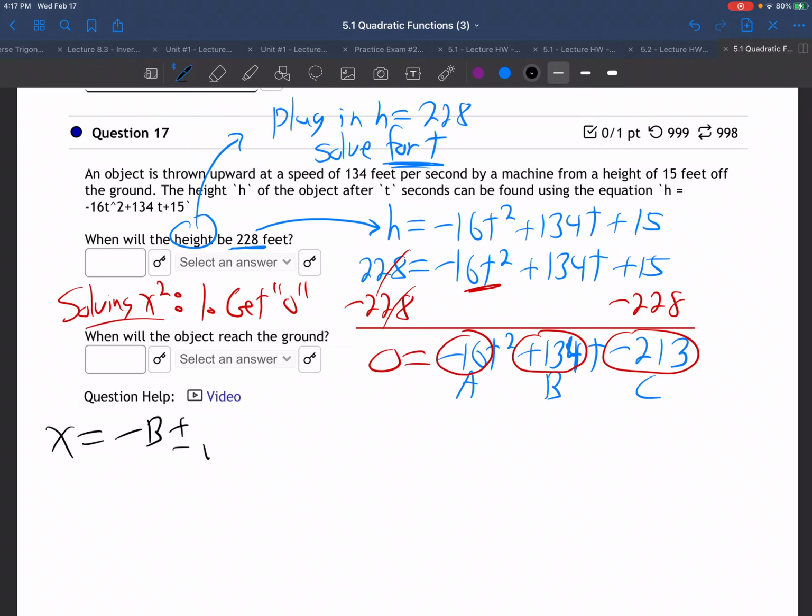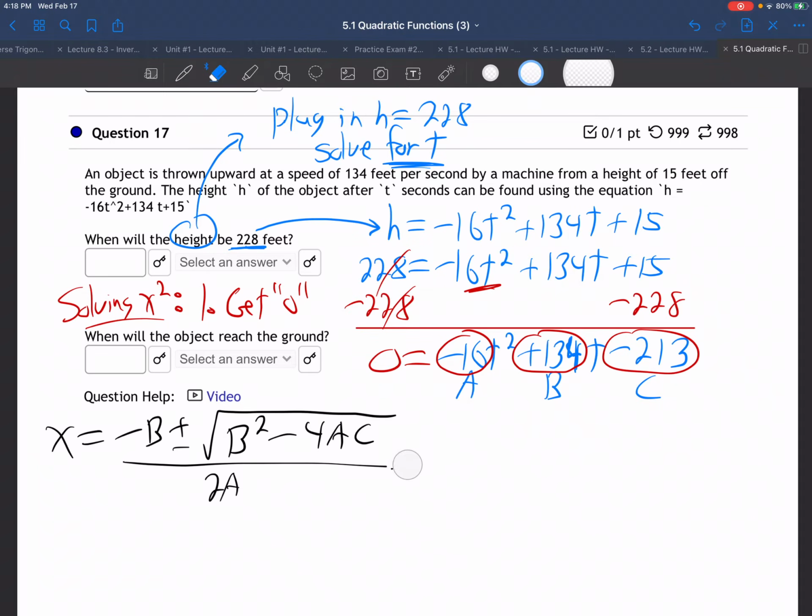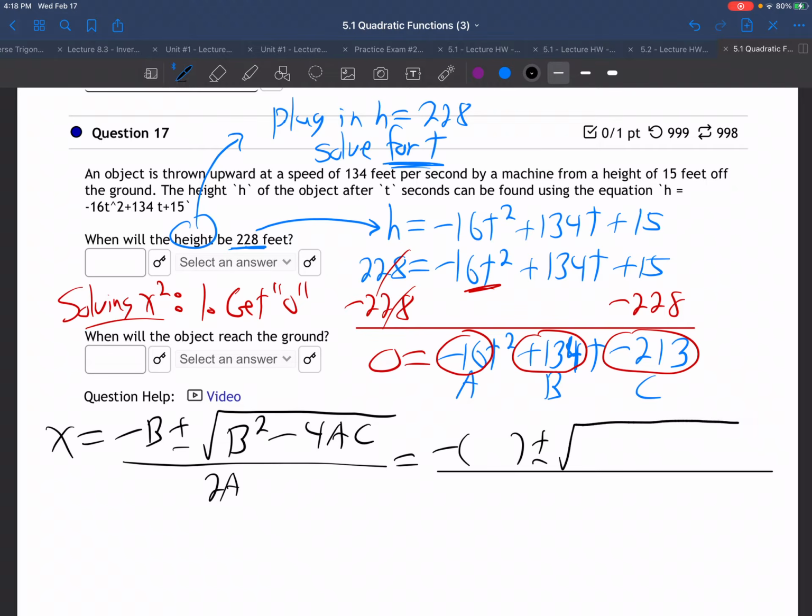Negative B plus or minus the square root of B squared minus 4AC all over 2A, which equals, let's give it a go here. So it's negative B plus or minus the square root of B squared minus 4 times A times C all over 2 times A.